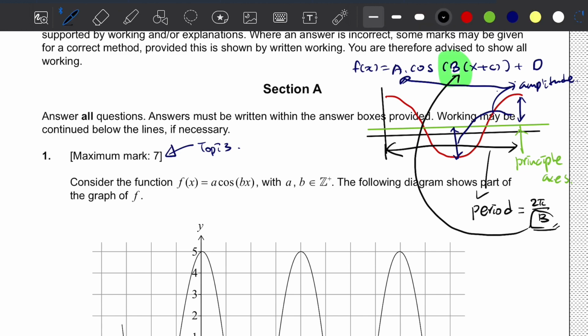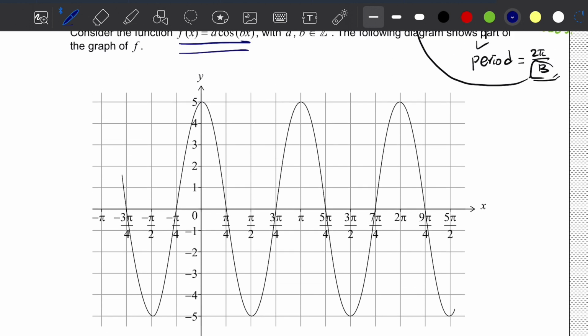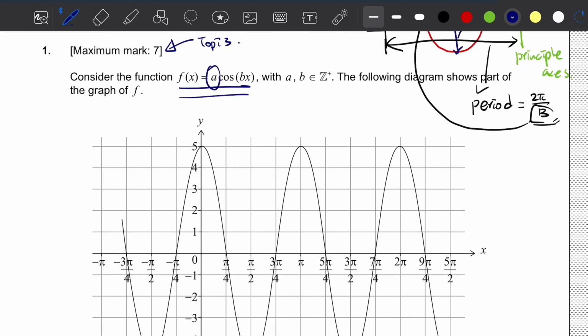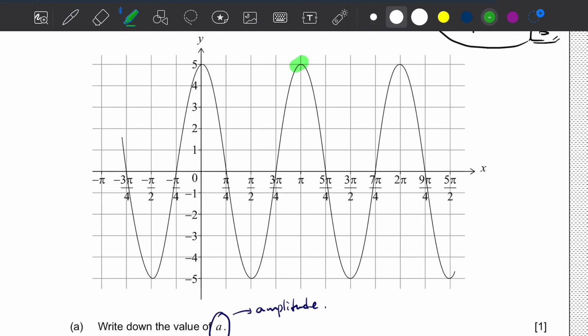So question number 1, let's look at the question. Question A, we need to write down the value of a. So a refers to this a here, so we need to find the amplitude. That means we first have to identify where the principal axis is. You can see that our maximum point is 5, minimum point is -5.